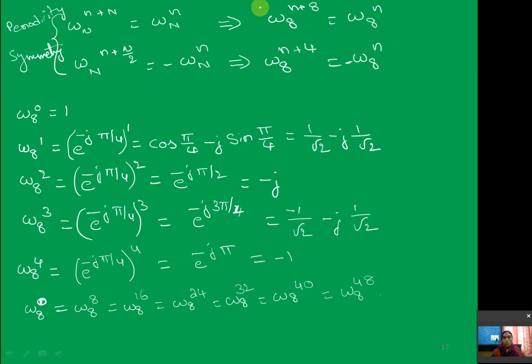Based on these two properties, we simply find all the twiddle factor values from the known twiddle factor values. So first, W8 power 0, anything power 0, is 1. W8 power 1, where W8 means e power minus j pi by 4.